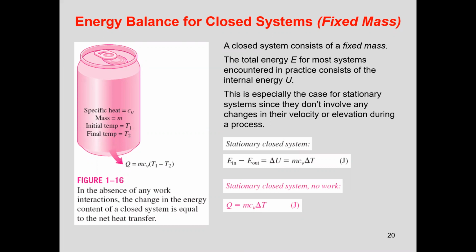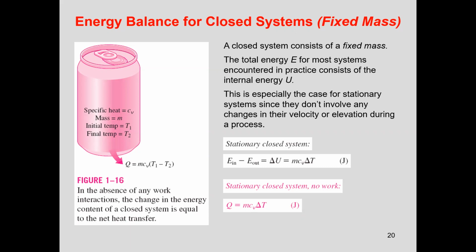The total energy for most systems encountered in practice consists of internal energy U. This is especially the case for a stationary system, since they don't involve any change in velocity or elevation during a process. So a stationary or closed system will give you an equation like this.